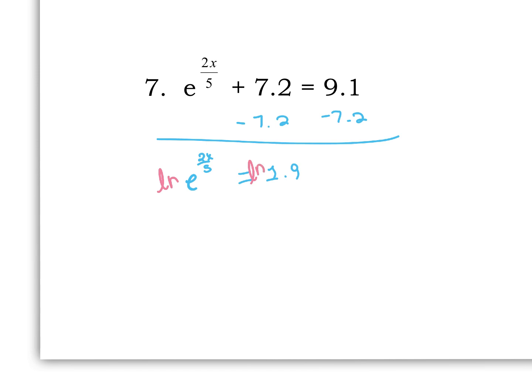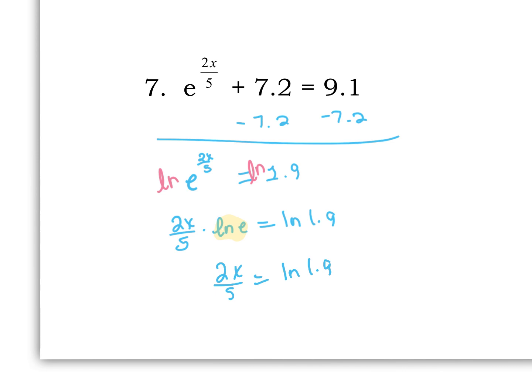And when we do that, we have 2x over 5 times the ln of e is equal to the ln of 1.9. We know that the ln of e is just equal to 1. So that leaves us with 2x over 5 is equal to ln of 1.9.